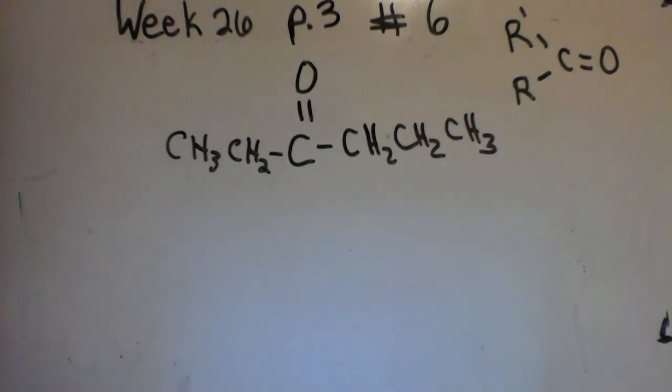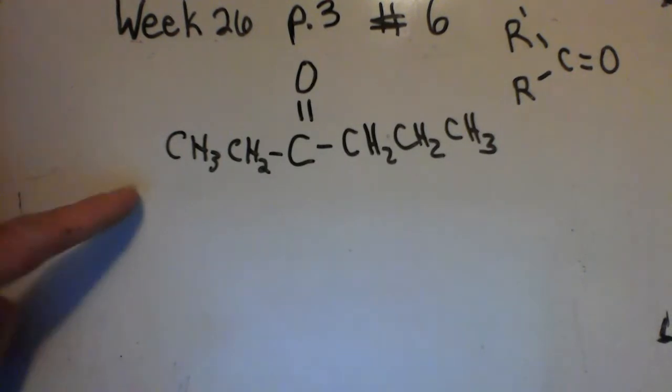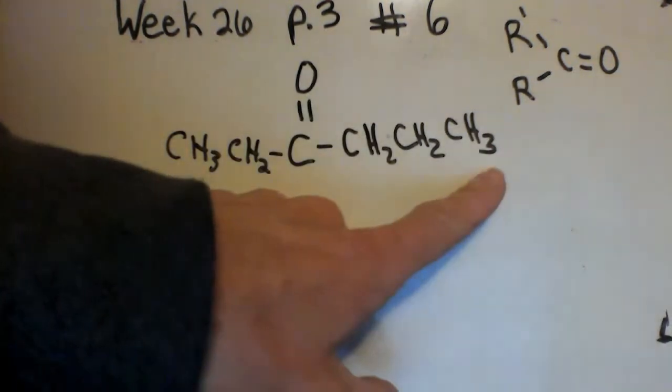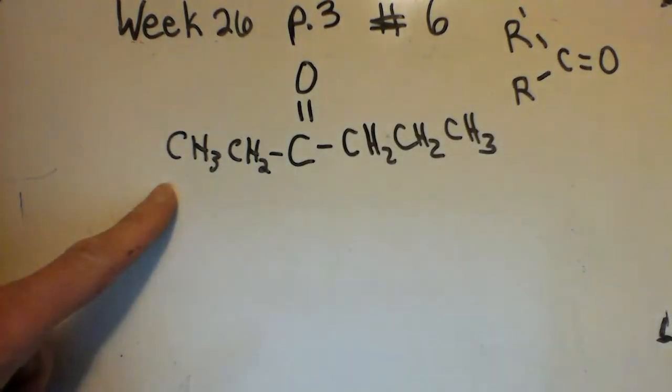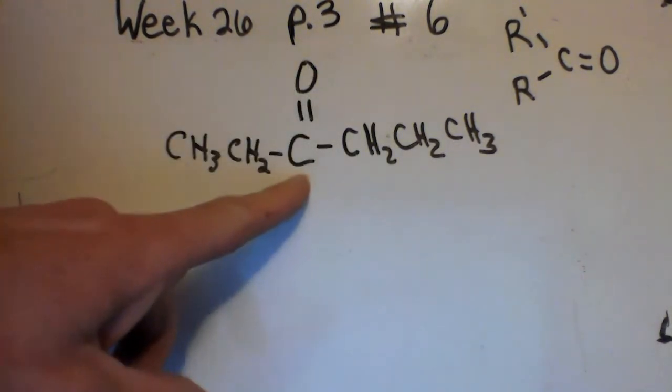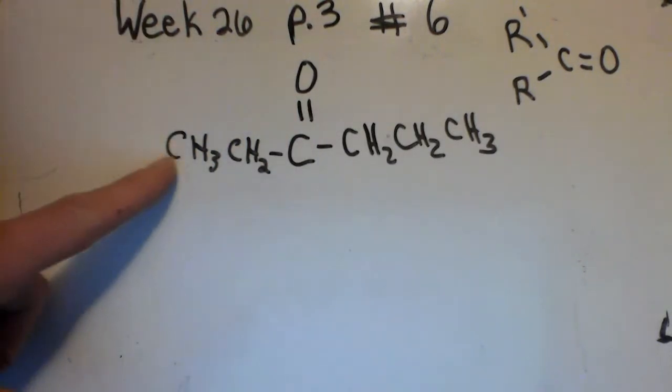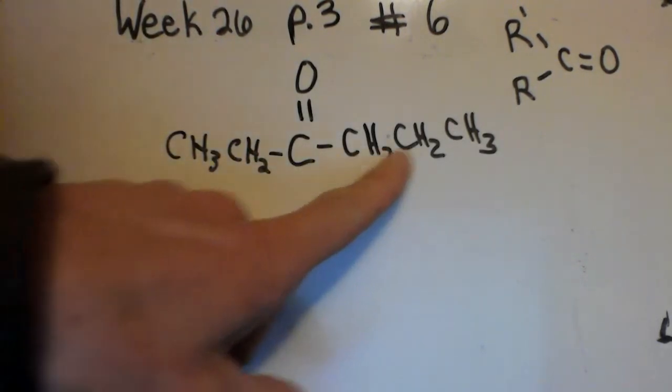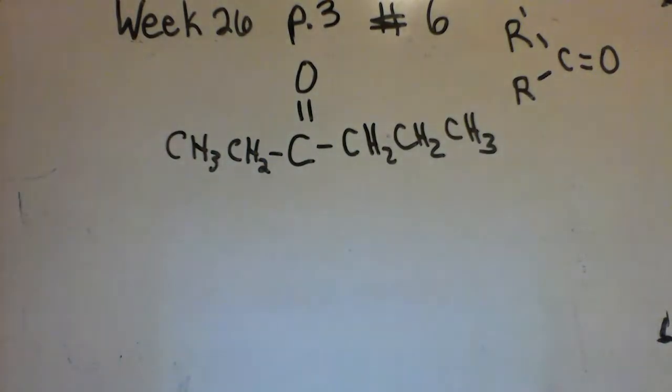Now, since this long chain is not interrupted by anything, and all of the carbons are in the chain together, we're going to count all of the carbons, even though the carbonyl group is kind of separating it. So we have 1, 2, 3, 4, 5, 6 carbons, and that would give us a parent chain called hexane.